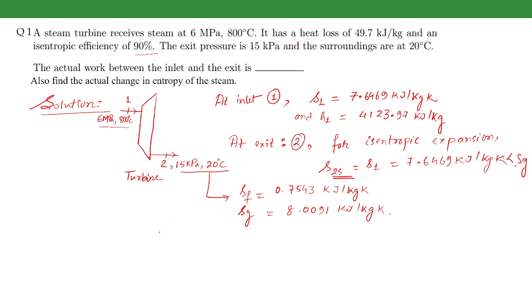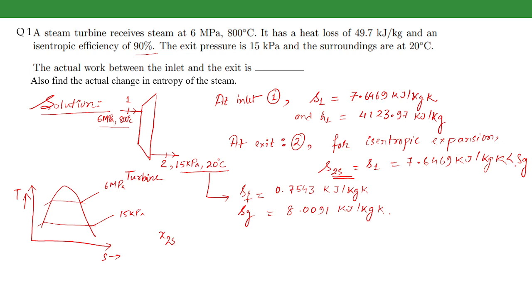The quality of the mixture at state point 2s, let me draw it on a T-S diagram. This corresponds to 6 megapascal, and this corresponds to 15 kilopascal.